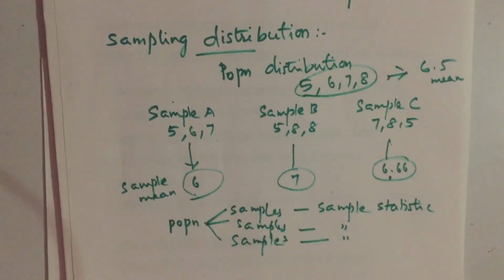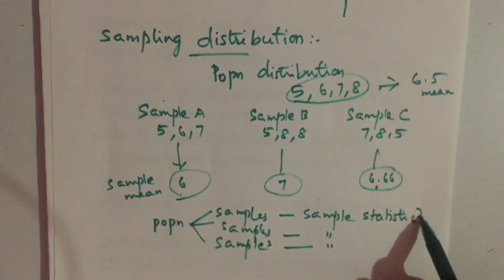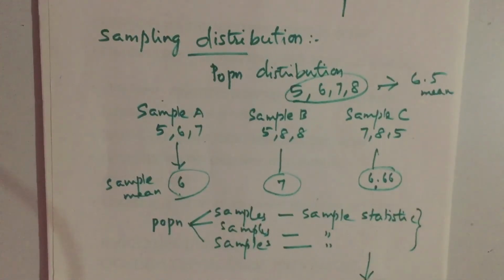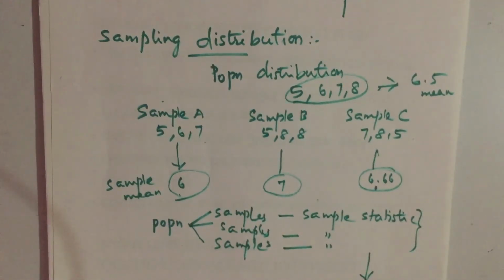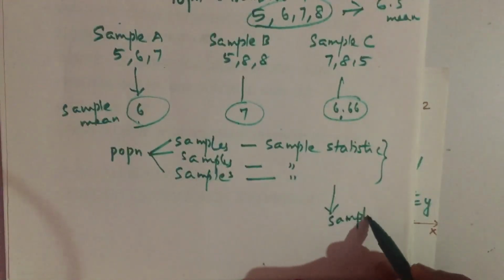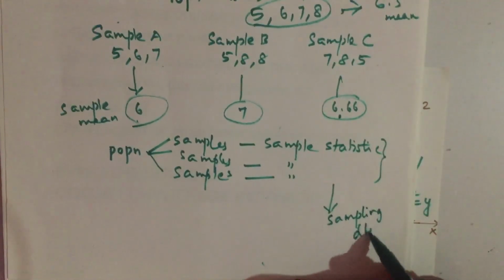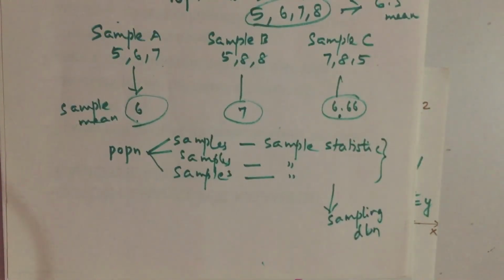Here also we find a sample statistic, and here also. The distribution of this sample statistic is called the sampling distribution. So the distribution of a sample statistic is called the sampling distribution.